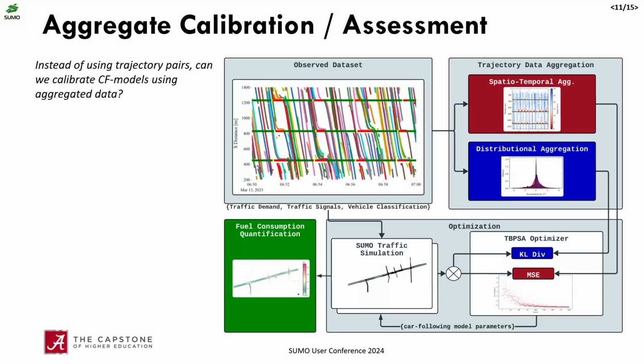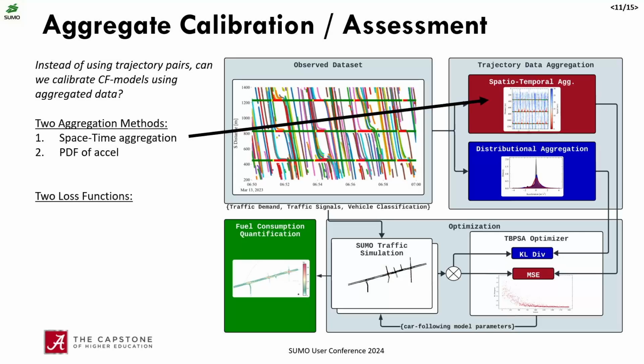So the way we did this is we investigated two ways. One was a spatio-temporal aggregation method where we bin the network in space and time and then calculate the mean speeds in those bins. We calculate that on the radar data, and then we calculate that from the SUMO simulation data using the floating car data outputs, and then we get the same exact two-dimensional array, and then we can calculate the mean squared error.